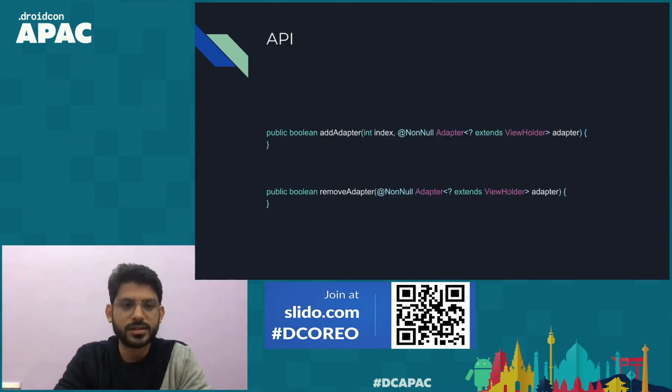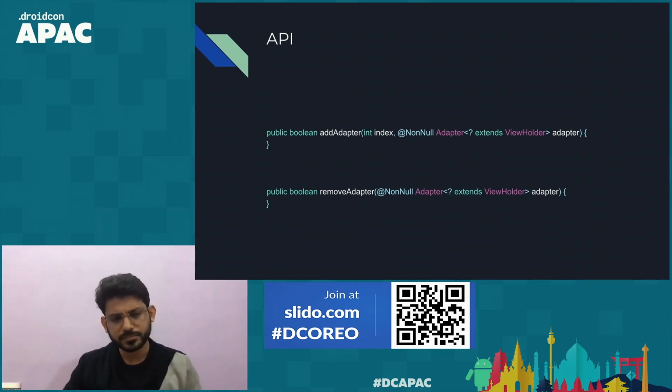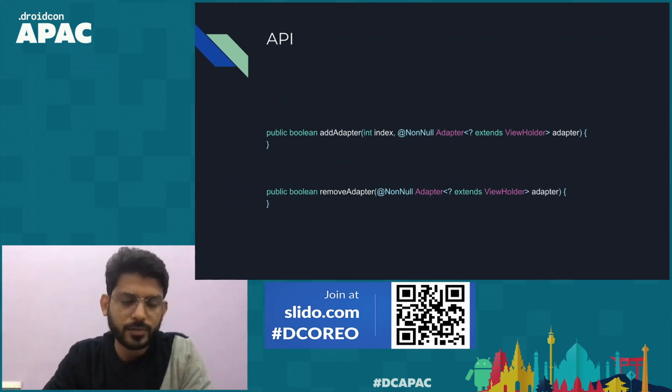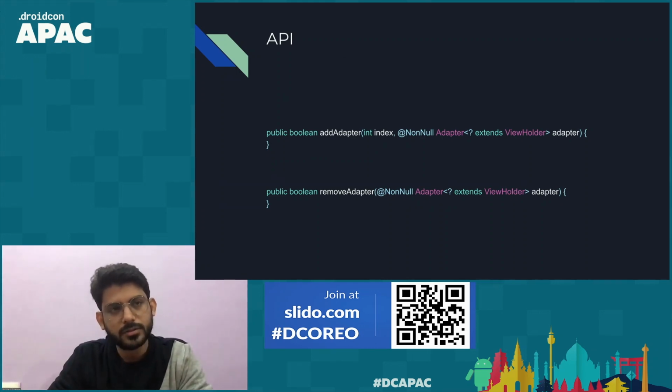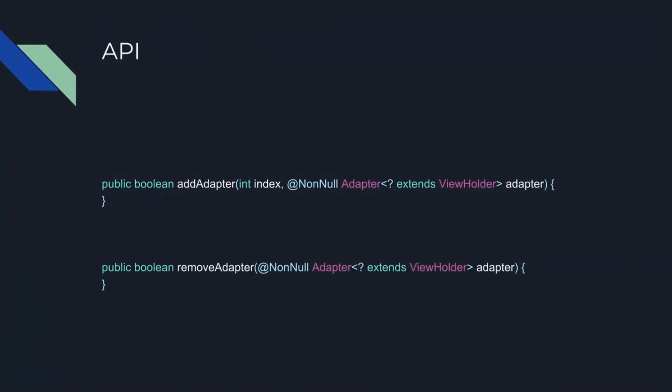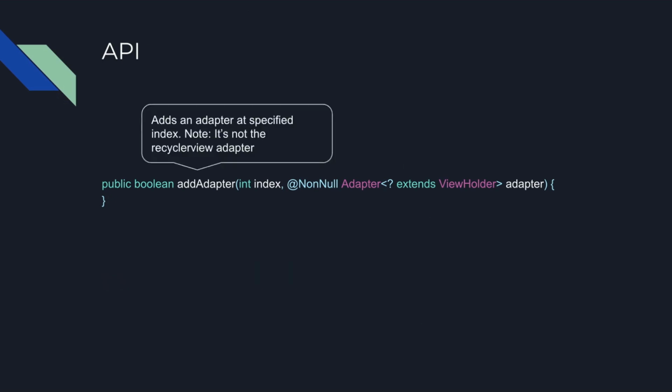Also, let's look at some of the APIs of ConcatAdapter. One API is addAdapter. Consider that these APIs can be used in cases where you have to show expand-collapse kinds of features. addAdapter basically accepts an index and an adapter, and it adds that adapter at the specified index.